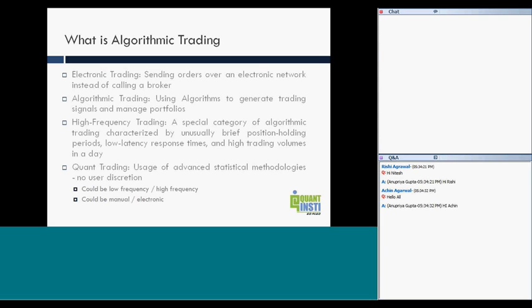Every time that index is changing considerably, you will be changing your quotes both at the bid and ask level. So if you are using tick by tick data, you will be sending hundreds of orders every second, right? Which is not possible manually. So those kinds of strategies compulsorily need to be electronic.